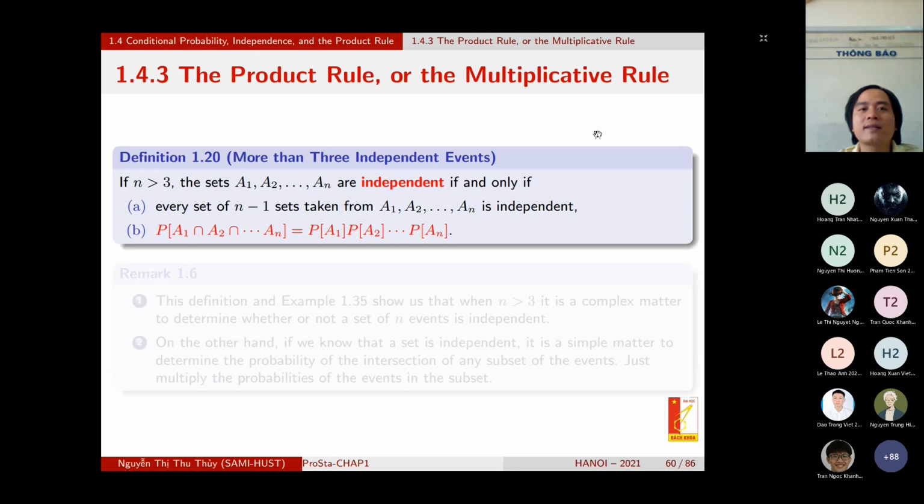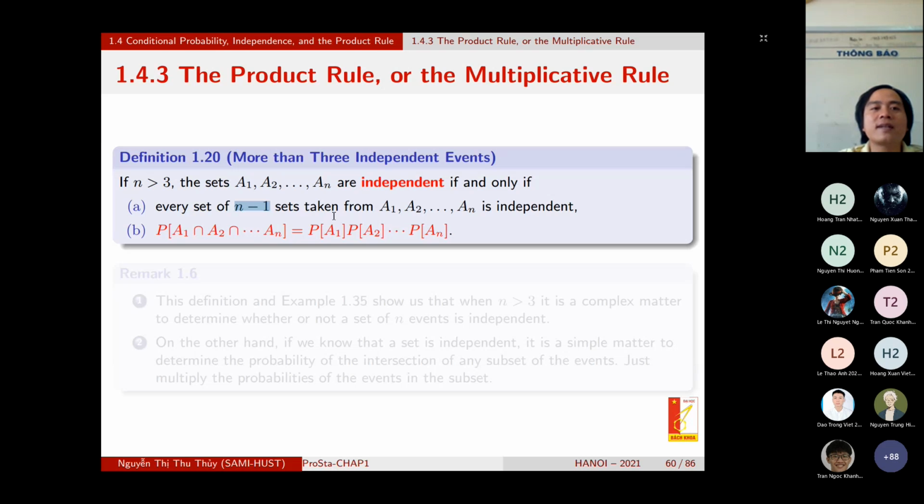We say that the set A1 to AN are independent if and only if every set of n minus 1 sets taken from A1 to AN is independent. That means we consider only n minus 1 sets, for example A1 to AN minus 1 or A2 to AN.